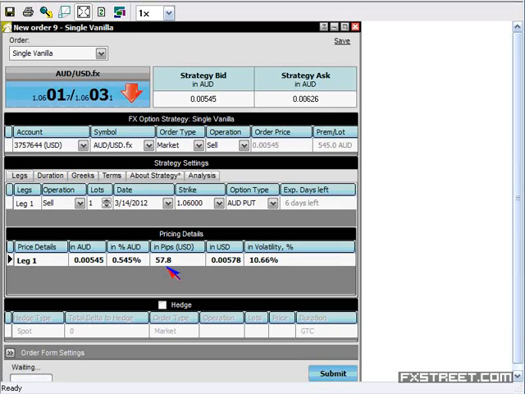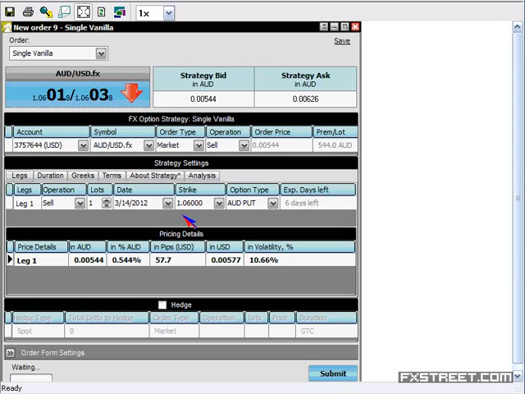So this put here is going to expire in about a week, and you'll collect 58 pips to sell that right now. If that option were to expire out of the money, meaning Aussie stays above 106, you'd simply keep that premium.